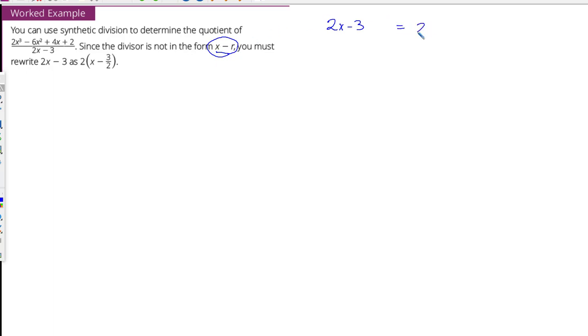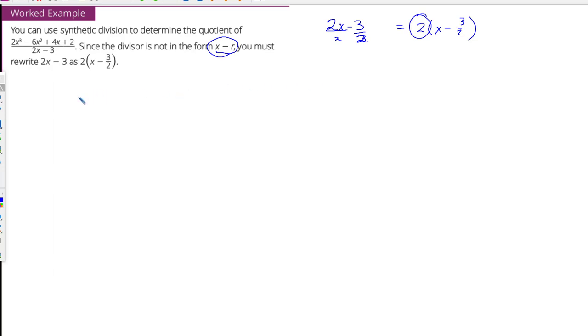And so that means that I'm going to divide both pieces by 2. So 2x divided by 2 gives me x. 3 divided by 2 gives me a negative 3 halves. Now, we just need to remember this 2 is here because that's going to come into effect our final solution.